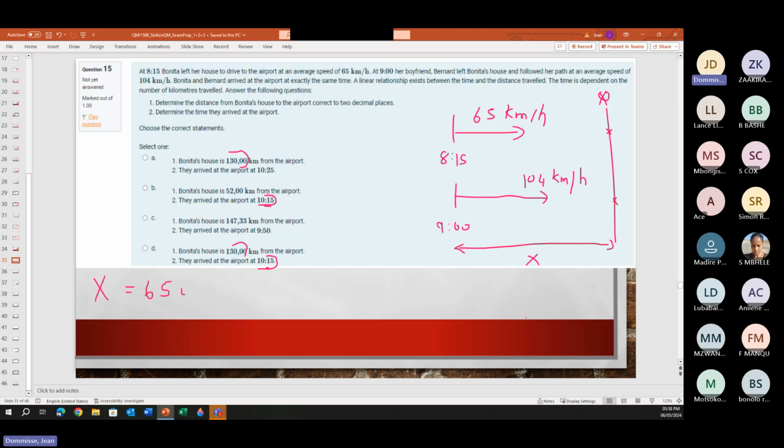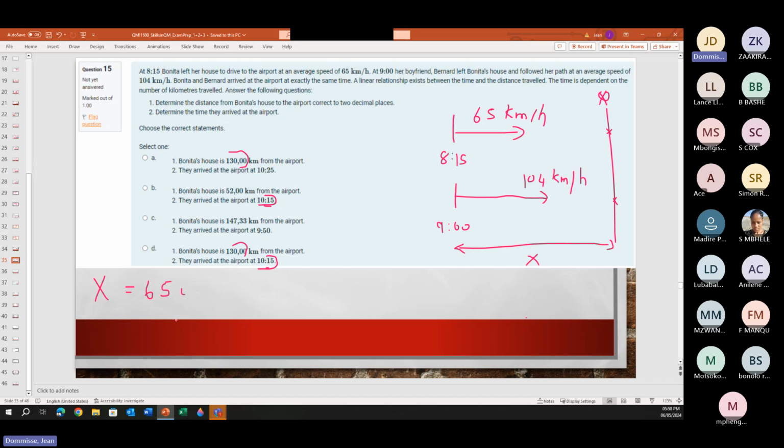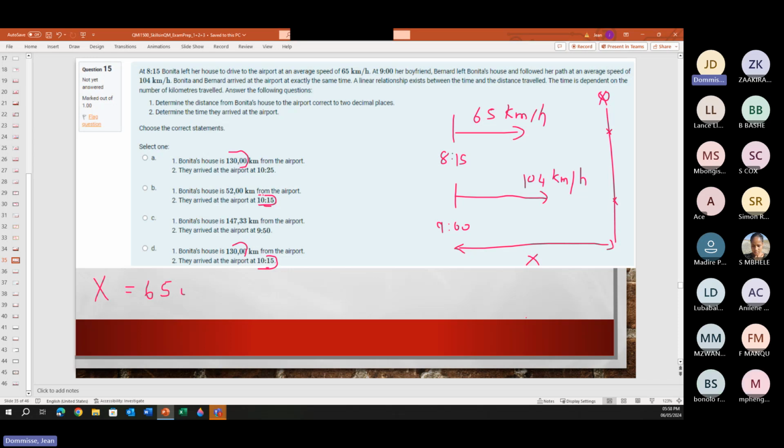And so I would have probably, like the previous one, let's just quickly check. So if it is an hour and... so if it was 10:15, I just want to see, that would have been 2 hours at the top. So that would have been 130 kilometers.